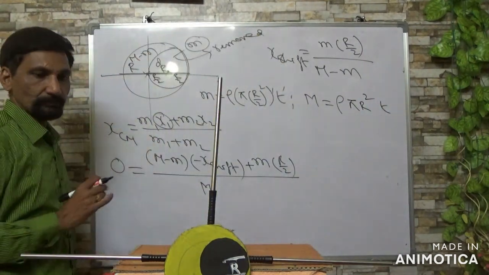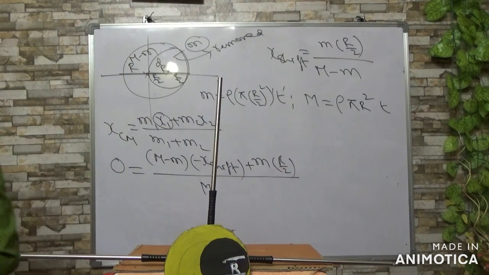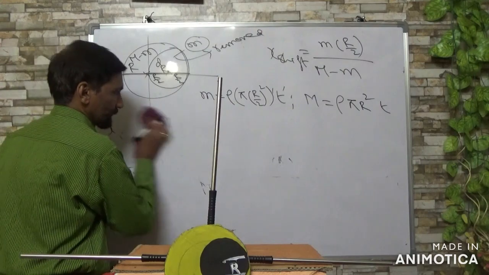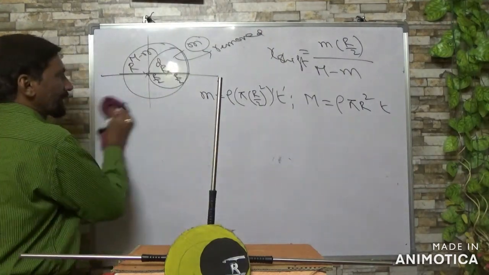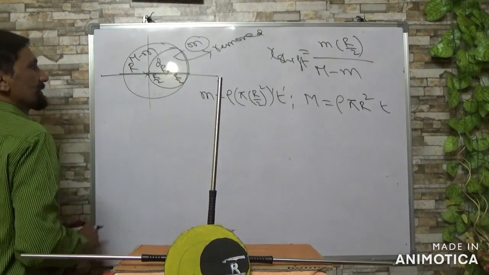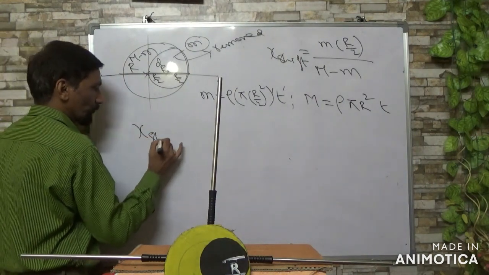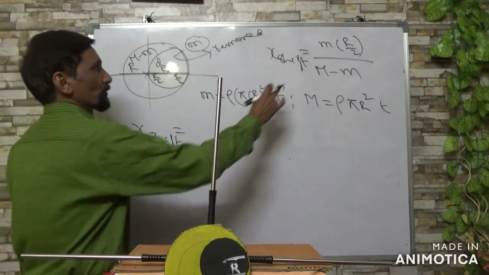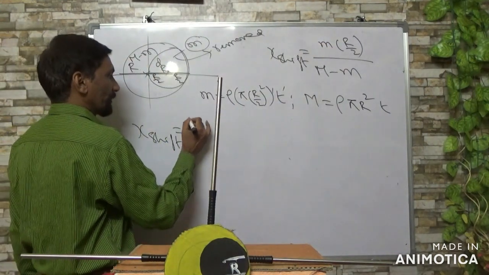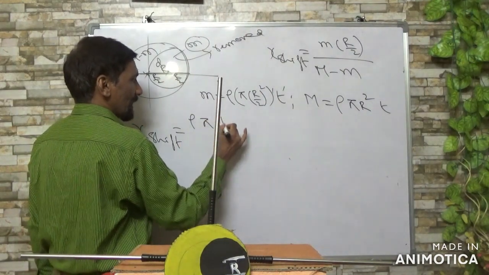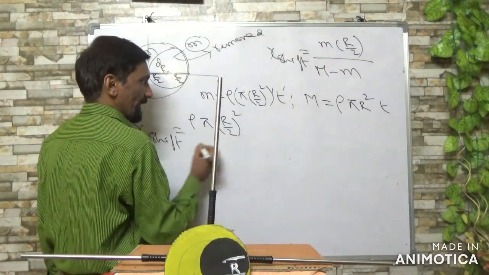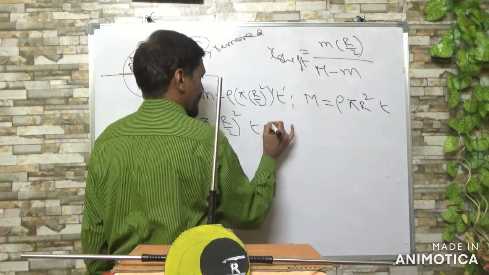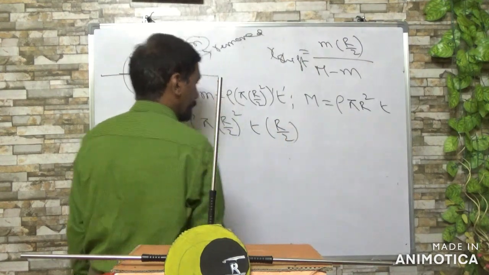Okay, now when you substitute, you will get x shift is equal to, instead of small m you are taking rho pi (r/2) whole square into thickness into the corresponding distance, that is r/2, right?